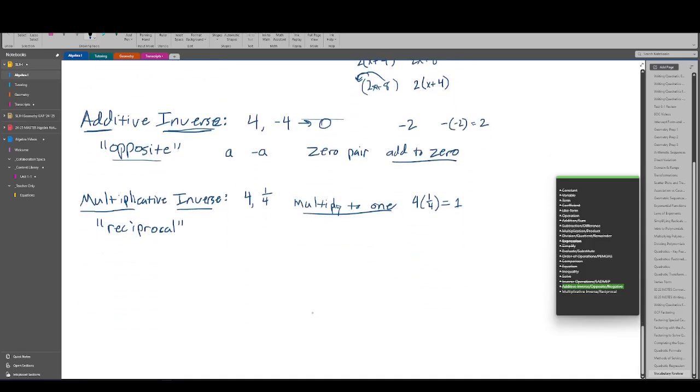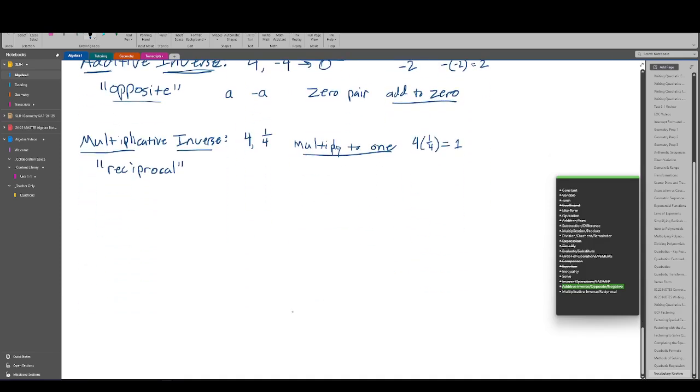And it doesn't matter if a number is a nice integer like 4 or is something like 2/3. If I have 2/3, its multiplicative inverse would be the flipped version of it, the reciprocal, which, dividing by 2/3, would be 3/2.